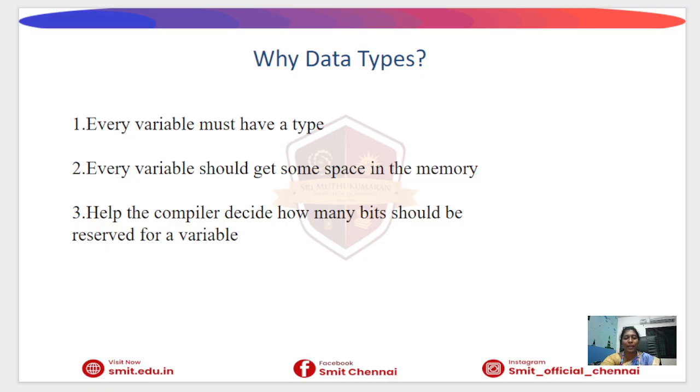Third, data types help the compiler decide how many bits should be reserved for a variable. The compiler uses data types to reserve the correct number of bits in memory. So data types help in proper memory management.